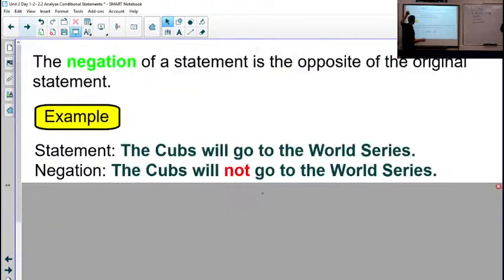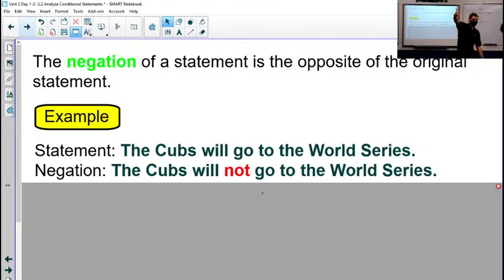Okay, one more word to talk about, and that is negating a statement. Because we're about to negate these statements, so I want to talk about what that means. Negating the statement basically means taking the opposite of the statement. So most of the time, that's going to involve taking the phrase and putting a not in it.